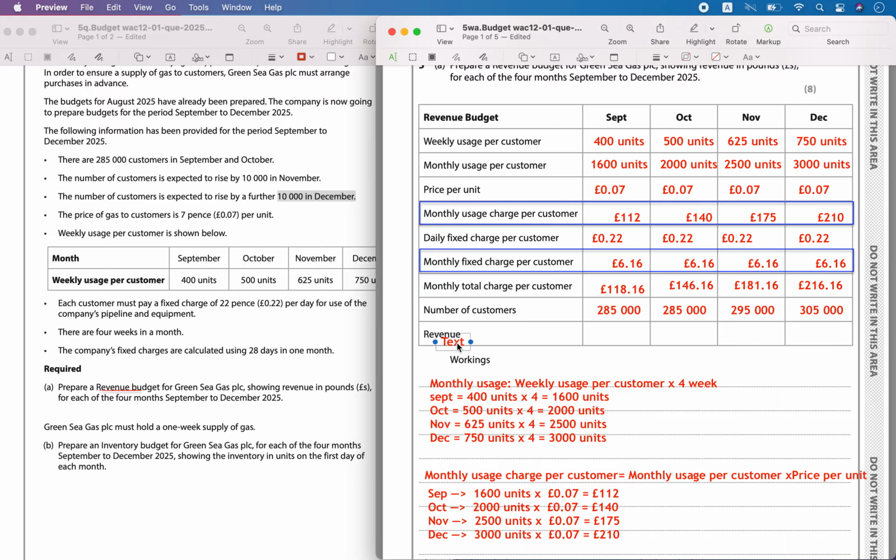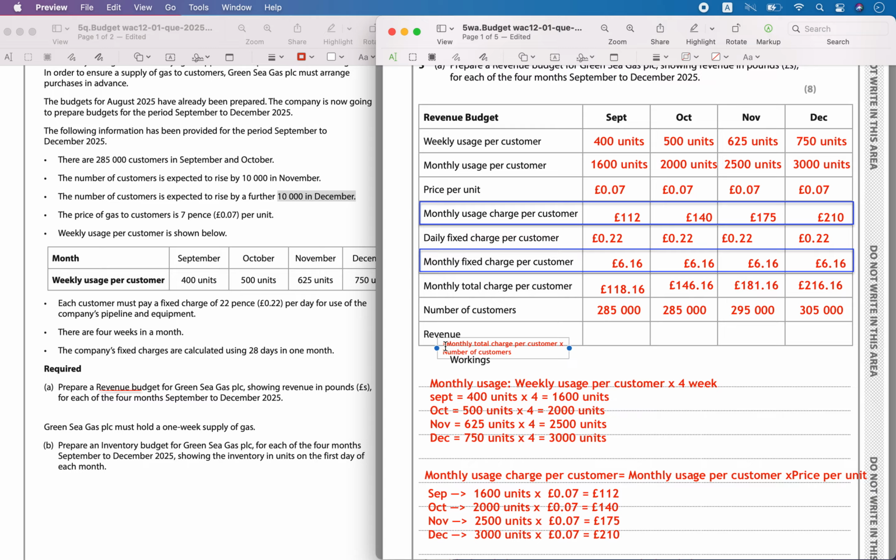Now let's calculate the revenue. Revenue is equal to the monthly total charge levied on a customer times the total number of customers.